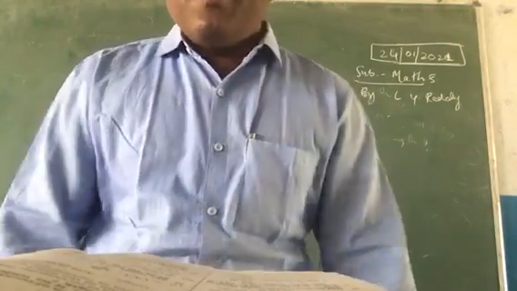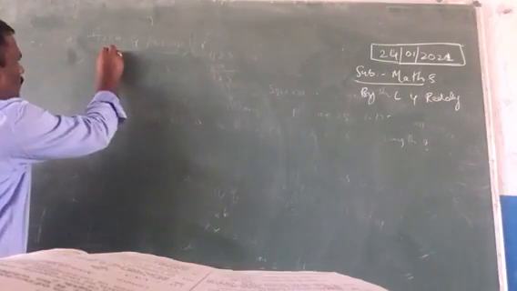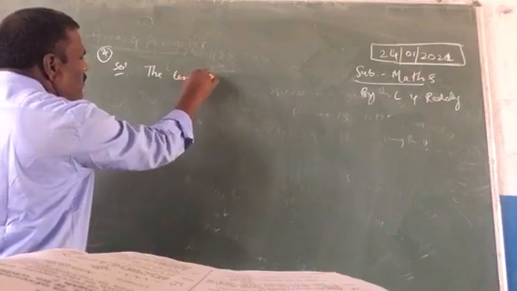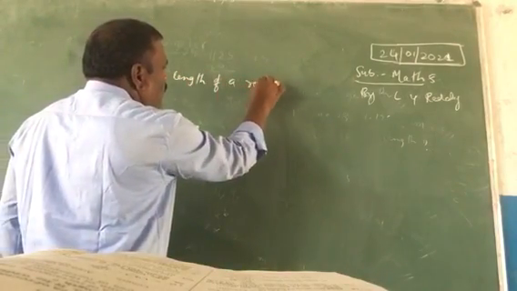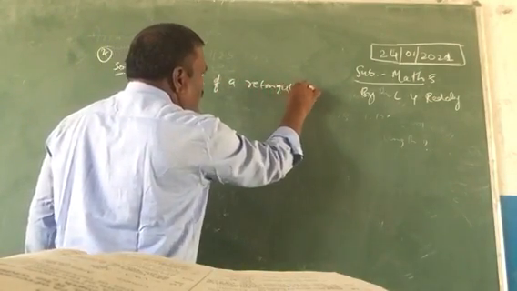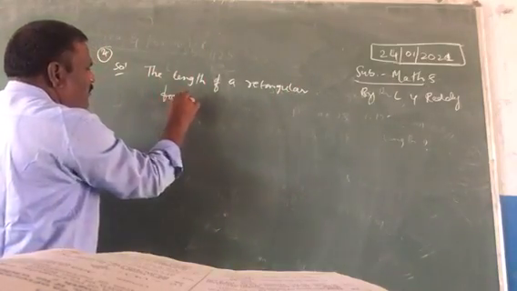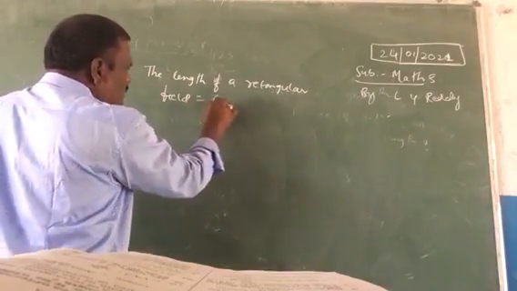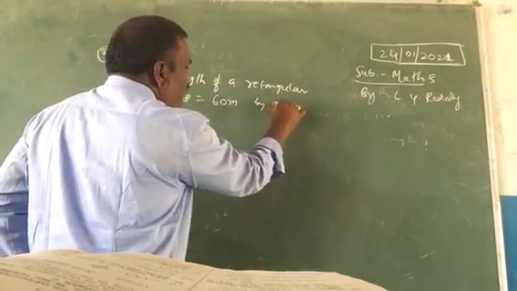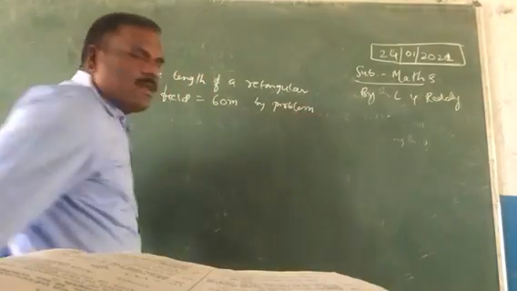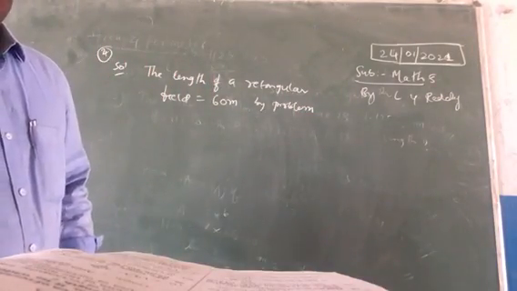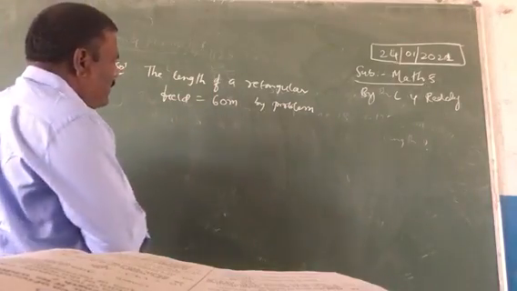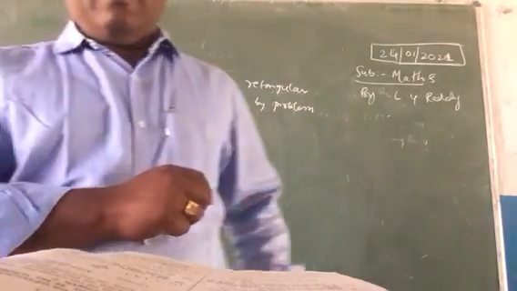So, the solution. Fourth sum, children. The length of a rectangular field is equal to how much, children? 60 meters, as per the problem. Now the breadth of the field. So children, we know very well what length is given here.